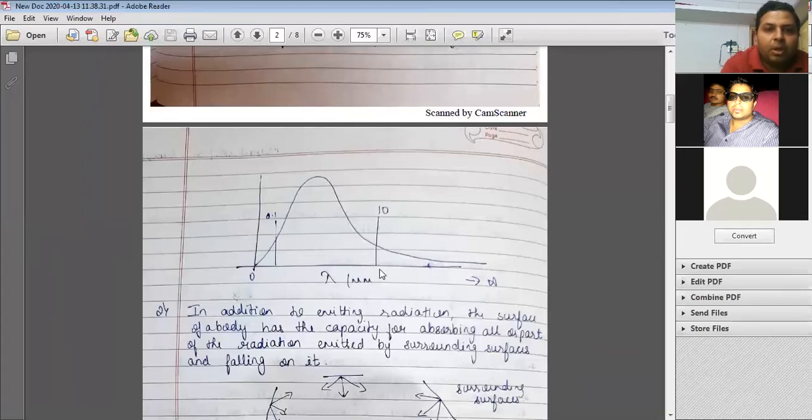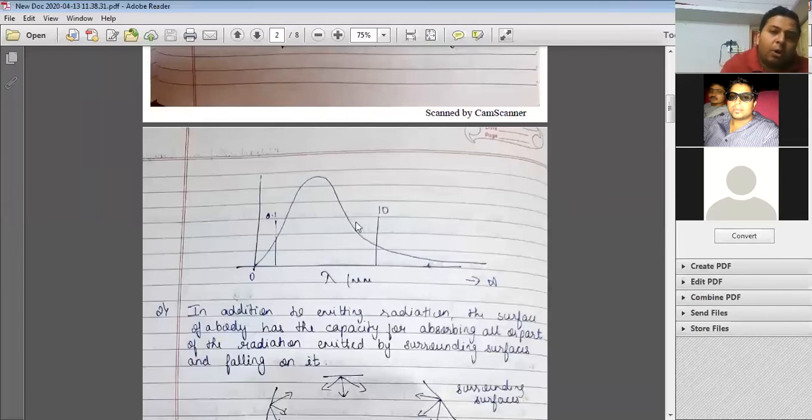And if I put the 2 limits here, most of the area within this curve will be within 0.1 to 10 microns only. The other parts, we have radiation, but it will be almost nearer to zero. This part and this part also, it will be almost nearer to zero.